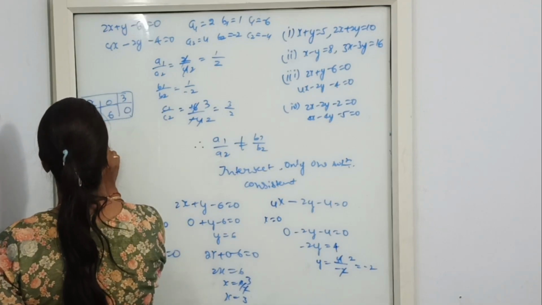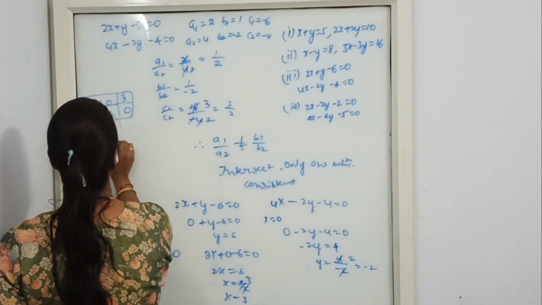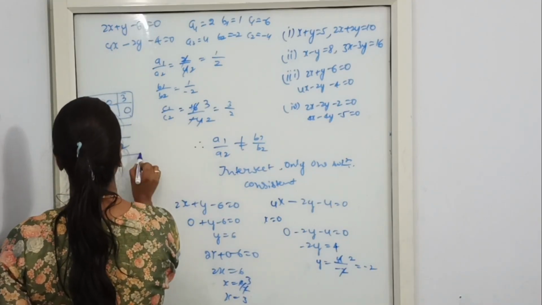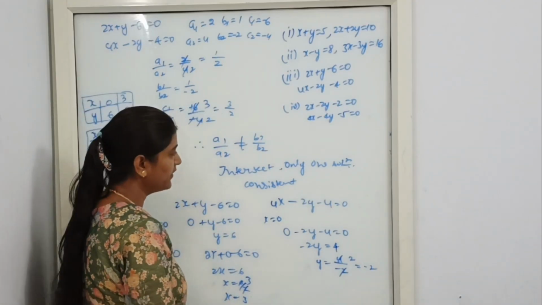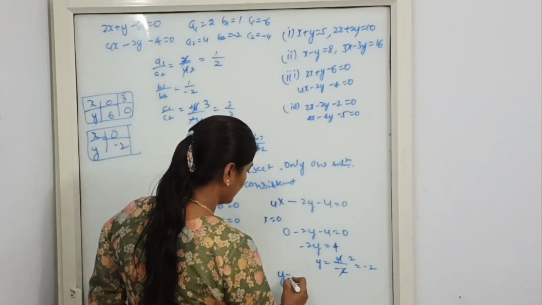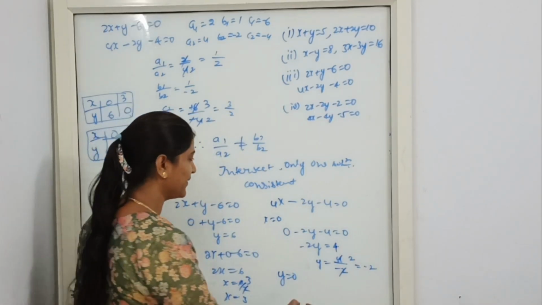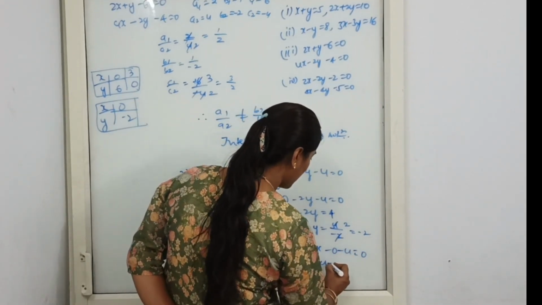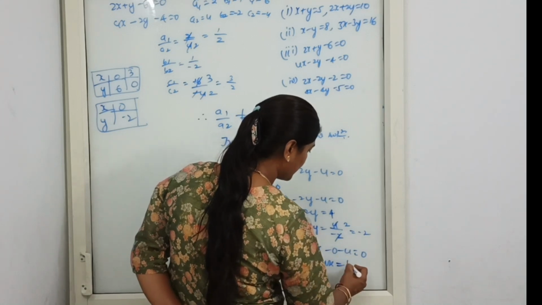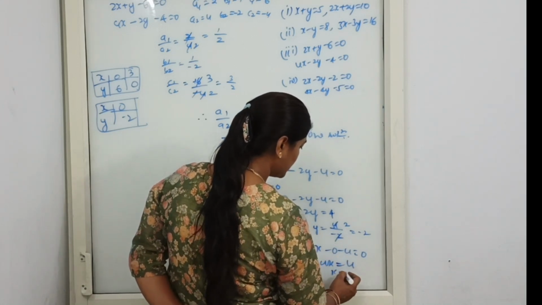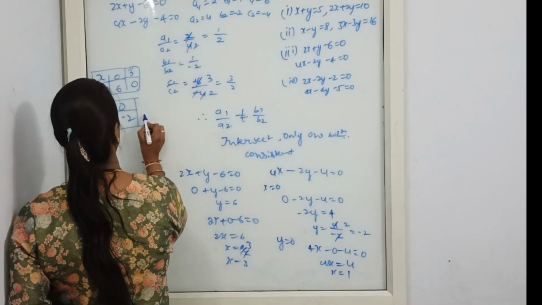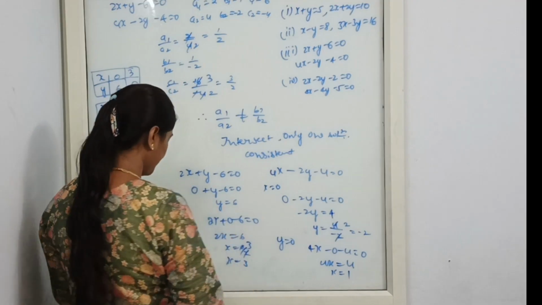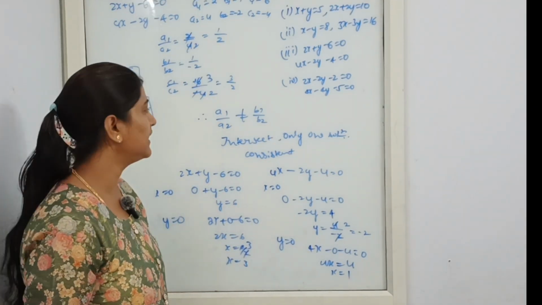In the next table, if x is 0, y is minus 2. Now consider y is 0, for ease: 4x minus 0 minus 4 is equal to 0, so 4x is equal to 4 and x is 4 by 4, which is 1. If y is 0, x is 1. Clear? Now let us do it on a graph.